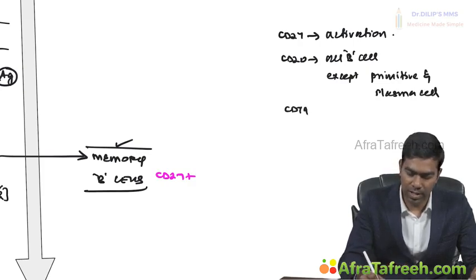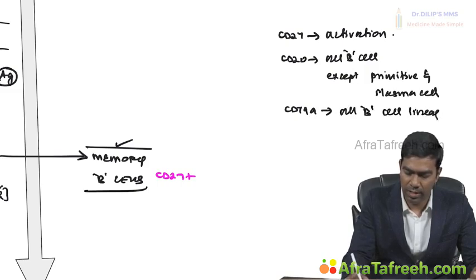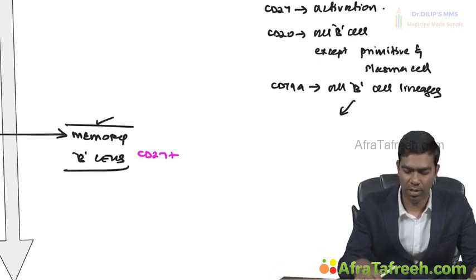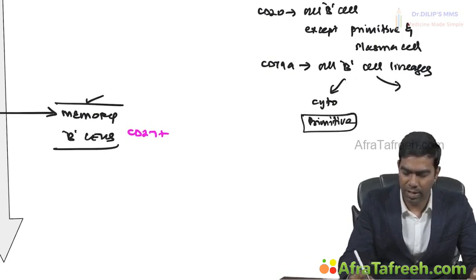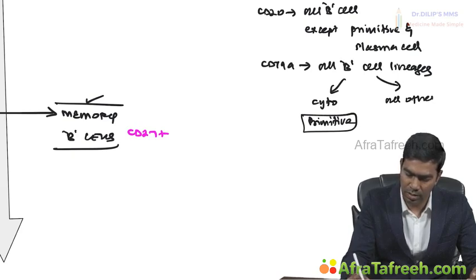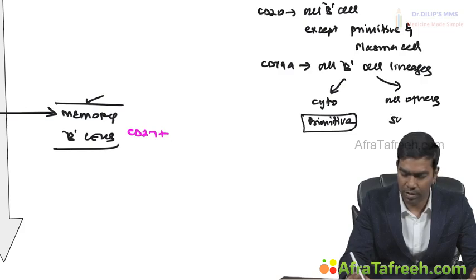Remember, CD79A is seen in almost all B cell lineages, but remember, it is cytoplasmic usually in primitive B cell lineages, whereas in plasma cell lineage and all others, it is surface.